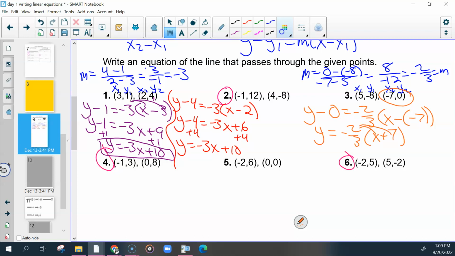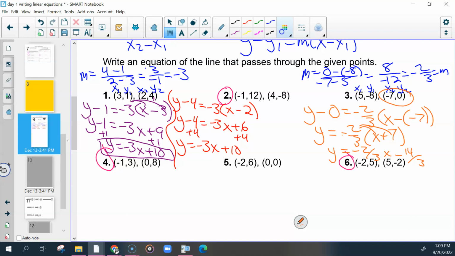In this case, when we distribute, we're going to end up with a fraction as the y-intercept. That's okay. Sometimes that happens. We have y equals -2/3 x plus 2 times 7, which gives us 14 all over 3. So y equals -2/3 x plus 14 over 3 would be our final answer.